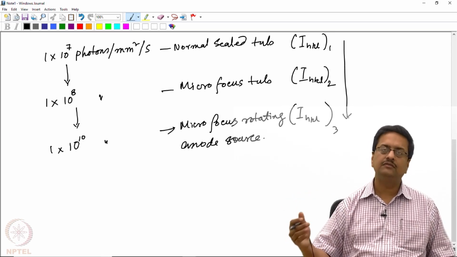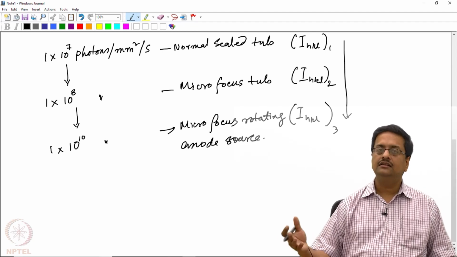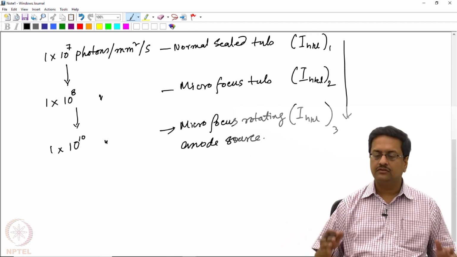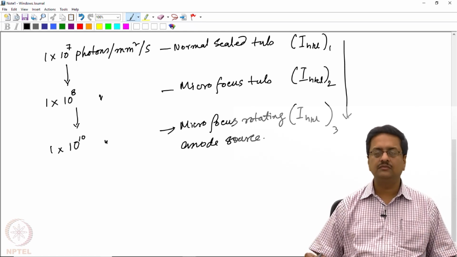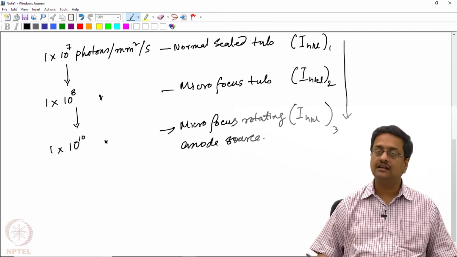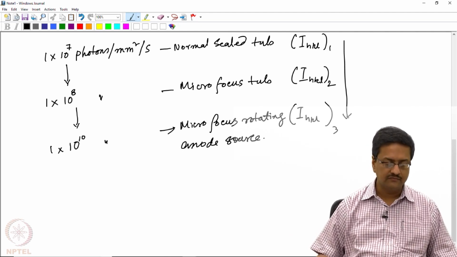So, you will have a problem in structure solution and you will not be able to solve the structure correctly. So, one has to apply a suitable correction for beam intensity in the data reduction procedure.